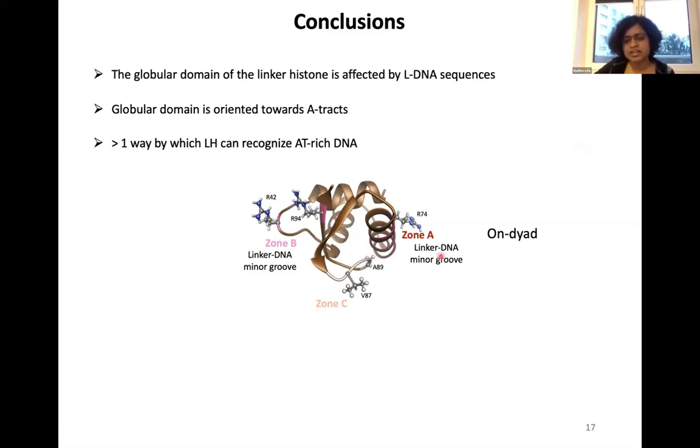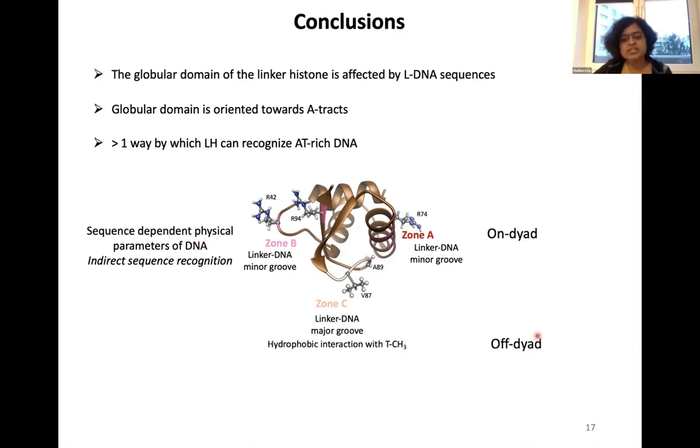When it's sitting on-dyad, zones A and B can interact with the minor groove, and they can recognize a DNA sequence indirectly based on some physical parameters of the DNA, such as the narrow minor groove, as in the case of the A tract. When it's situated off-dyad, it can actually directly recognize the thymine methyl groups by hydrophobic interaction. So this can directly recognize certain sequences.